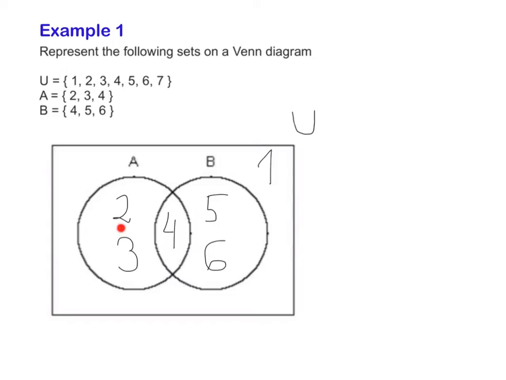Then 2, we have 2, 3, we have 3, 4, we have 4, 5, we have 5, 6, we have 6, and 7. So 7 also goes outside set B and outside set A, but it's still in universe, in the big rectangle. So take this example down to your copy, please.